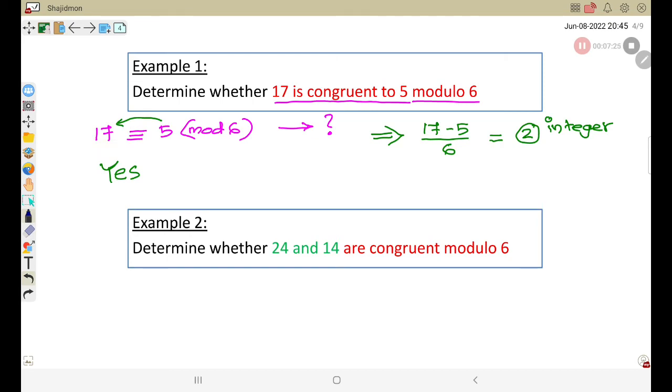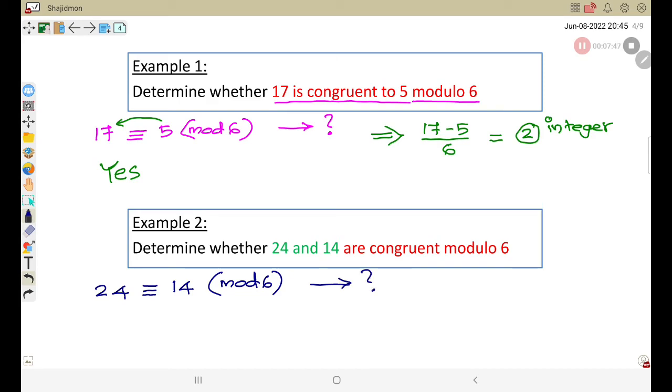Determine whether 24 and 14 are congruent modulo 6. So what do we need to check? Whether 24 and 14 are congruent or not under modulo 6. If you write the congruent symbol here, is it correct or not?